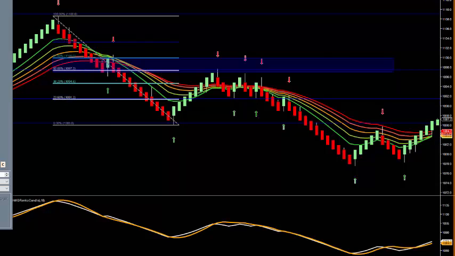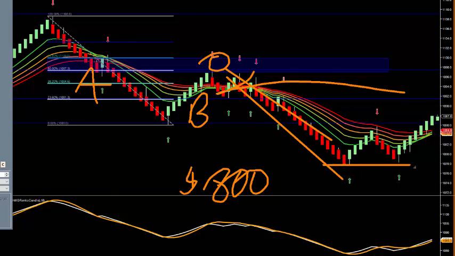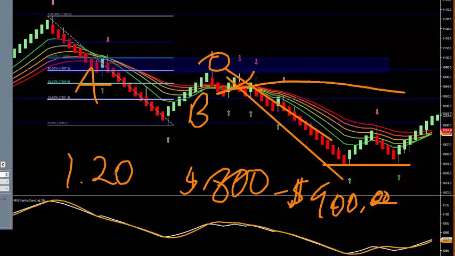So again, we take A to the beginning of B, right? That's the A leg. This is the B. And it came into our point before it did this pivot or change of direction, and we trade C. Again, we're talking about just trading this leg alone with one contract, 800 to $900 worth of profit in the course of probably 1 hour and about 20 minutes that movement lasted.